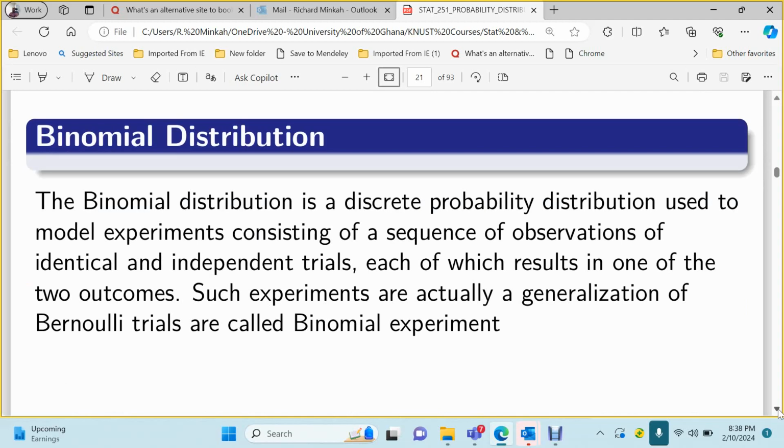Okay. So a binomial distribution is just a collection of Bernoulli trials. So I may say that I want to toss a coin 10 times, and then I want to see the number of times head occurs.